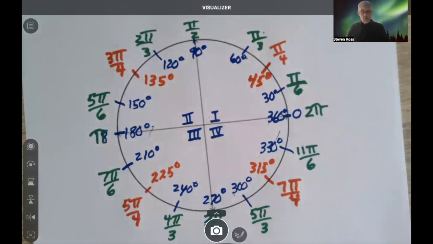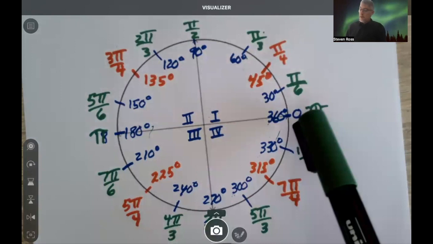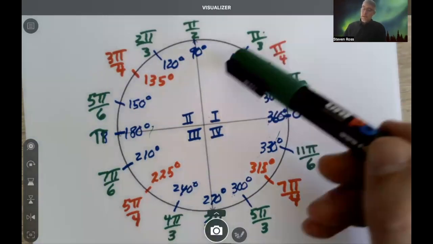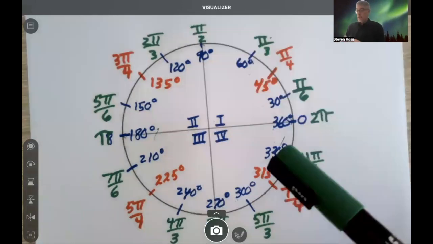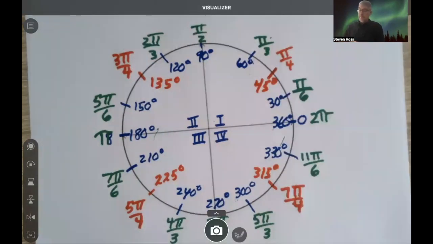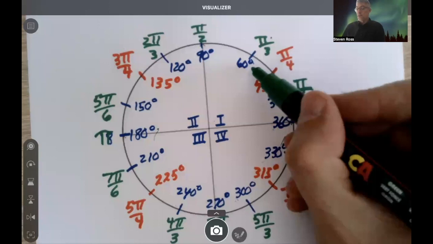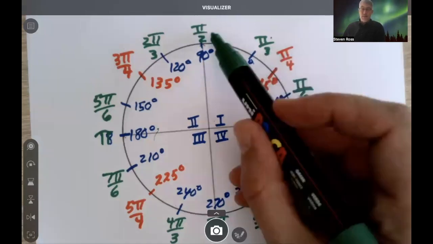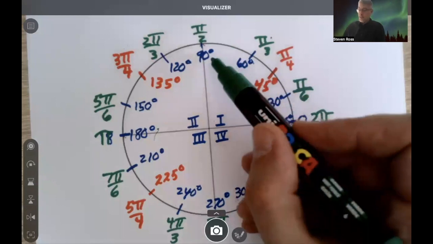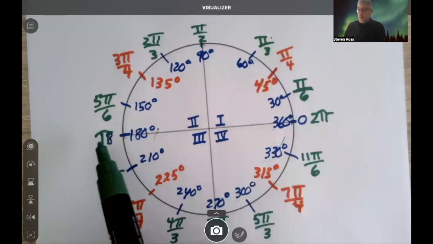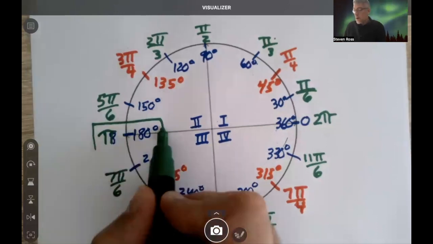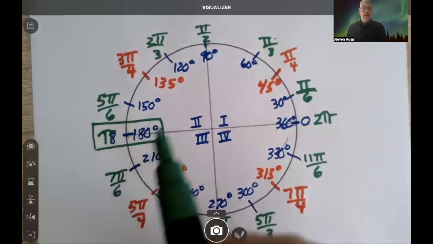Now, what I'm going to do is point out that each of these degree and radians show places where they are equal. 60 degrees is equal to pi over 3. Pi over 2 is equal to 90 degrees. And let me scoot on down here, because this is like what we often will use for conversion.